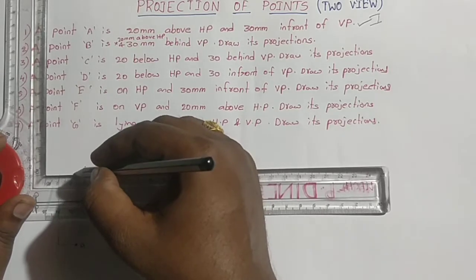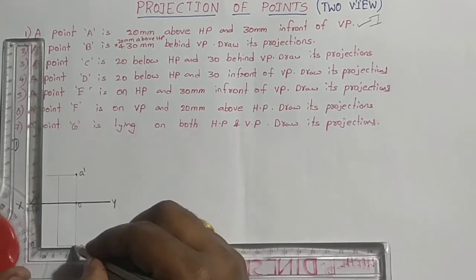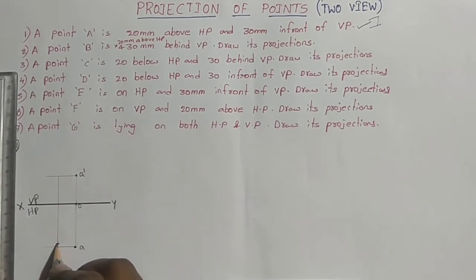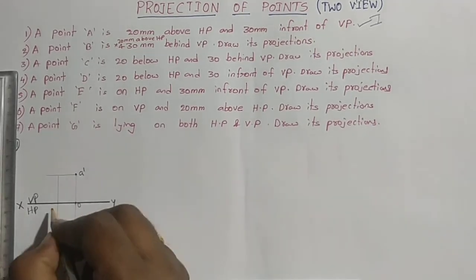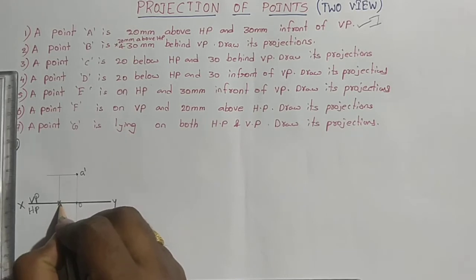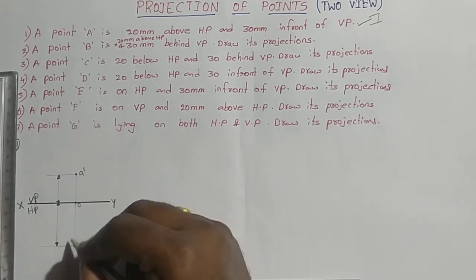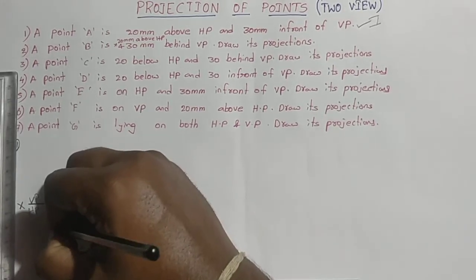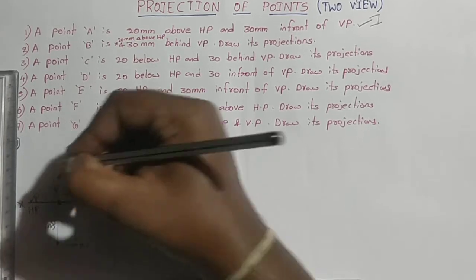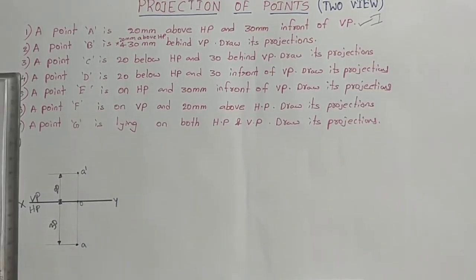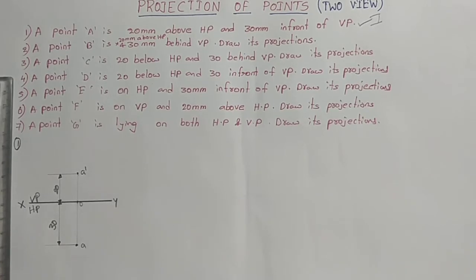Take minimum 1 centimeter. From this point to this point is 30 and this point to this point is 20. Like this we need to give the dimensions. Now we completed projection for the first condition.